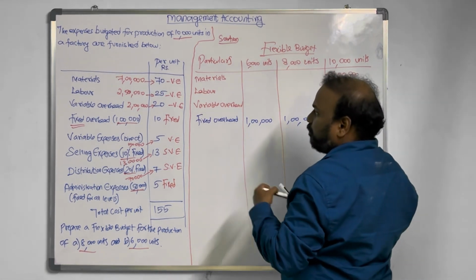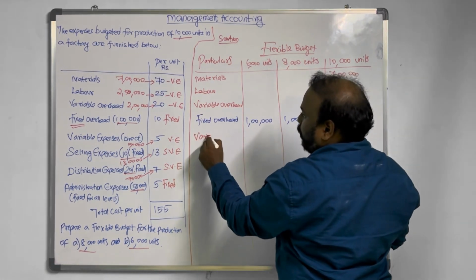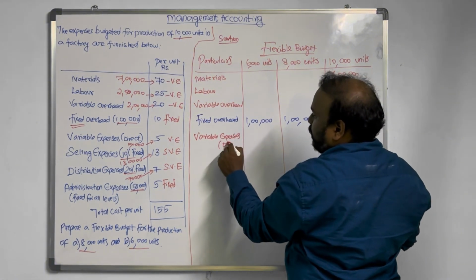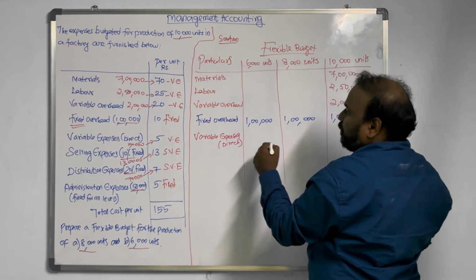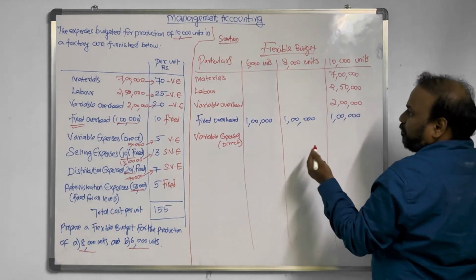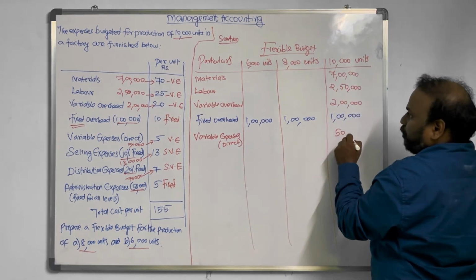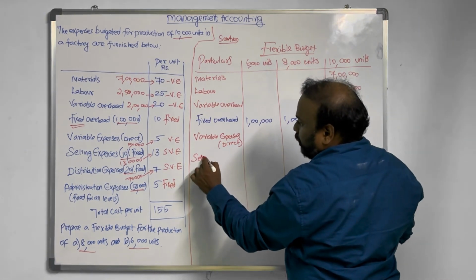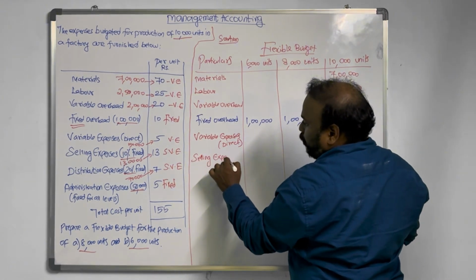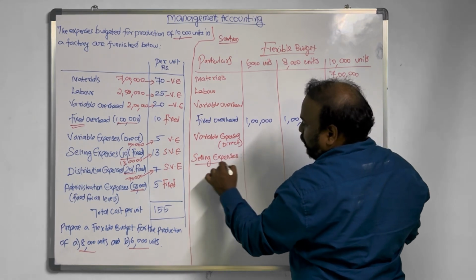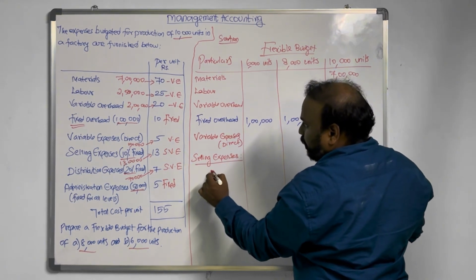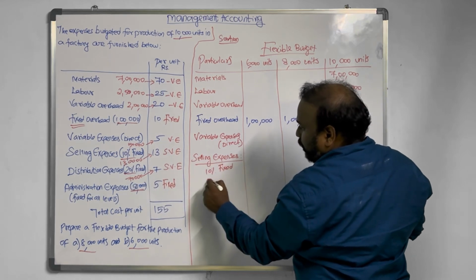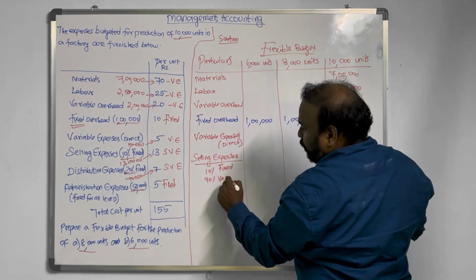The next is variable expenses, within bracket direct. It is irrelevant what is given in the bracket, direct or indirect. This is 50,000. The next is selling expenses. This is semi variable, so write 10% fixed, that means the remaining 90% is variable.